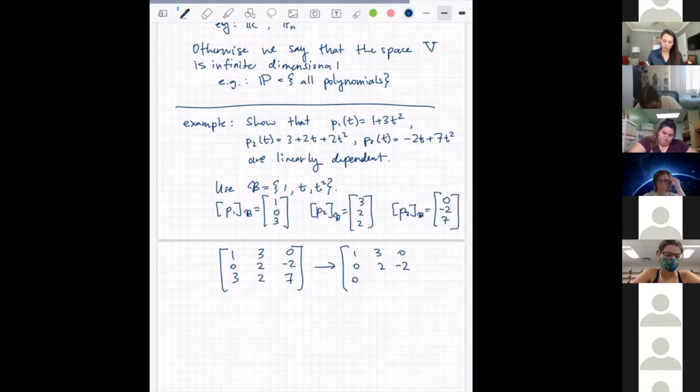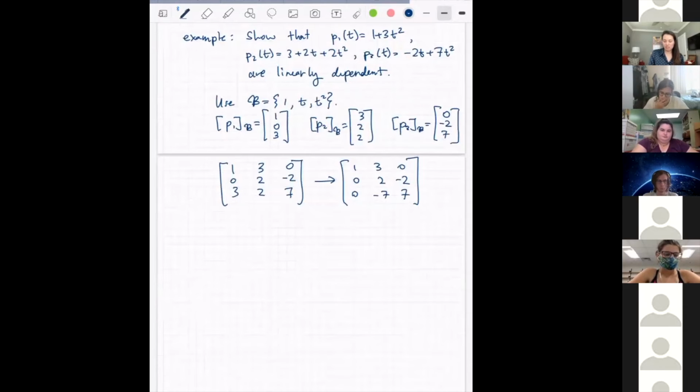Okay, so replace row 3 with row 3 minus 3 times row 1. So then that would be negative 7, right? Okay, and then row 3 is a constant multiple of row 2, so it will go away.